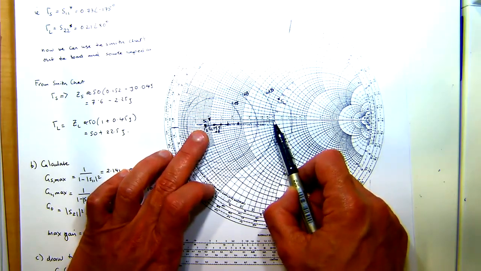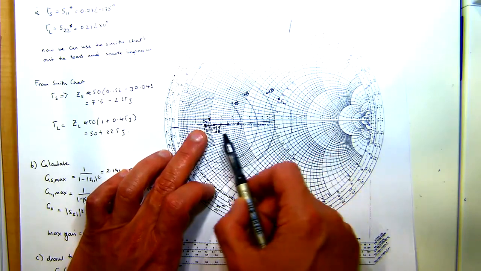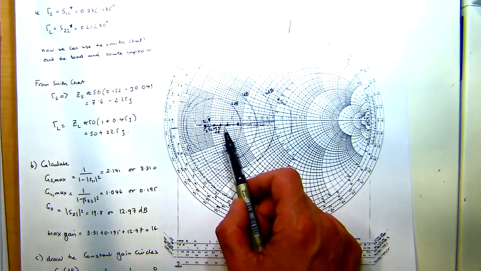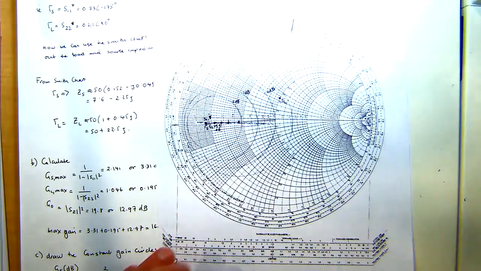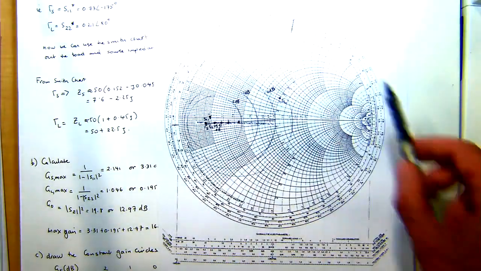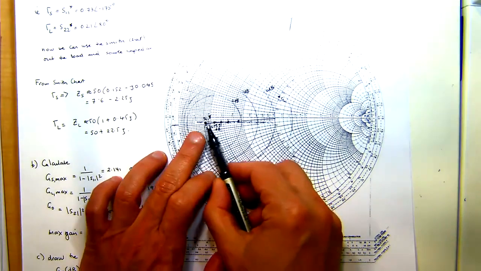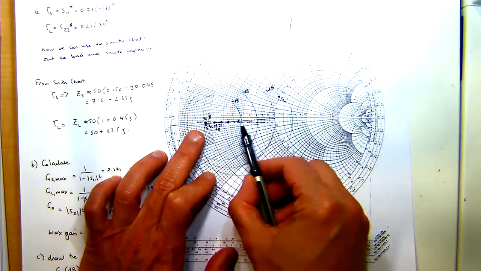That gives you an advantage: rather than looking all around the Smith chart to identify the centre, you can constrain your search space, because you know it's going to be on this line.